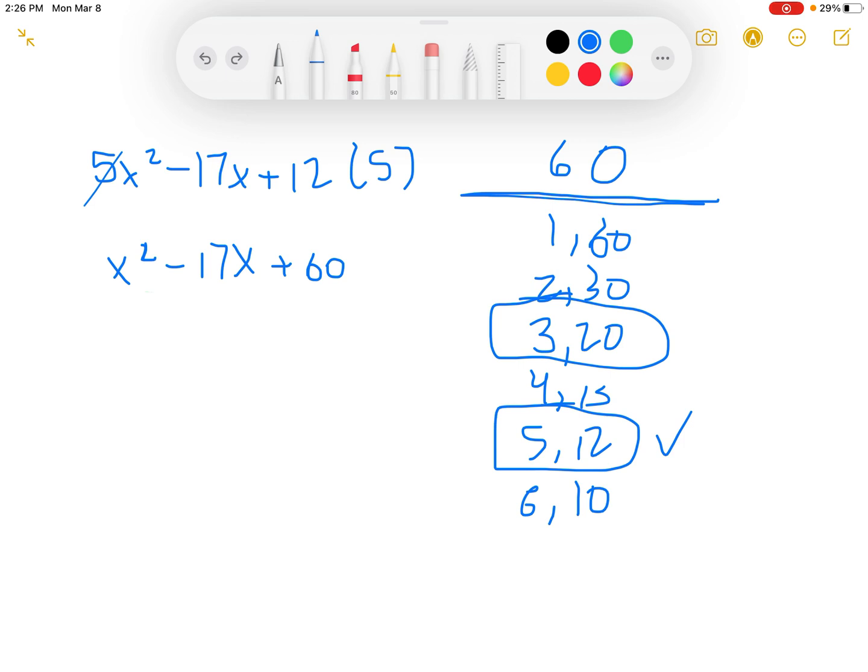So if we do both negative, we get -17 if we add and +60 if we multiply. So that would work, because -5 minus 12 is -17, and then -5 times -12 is 60. So now we have x minus 5, and then x minus 12.